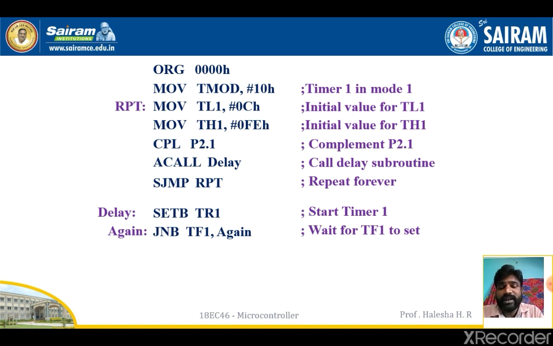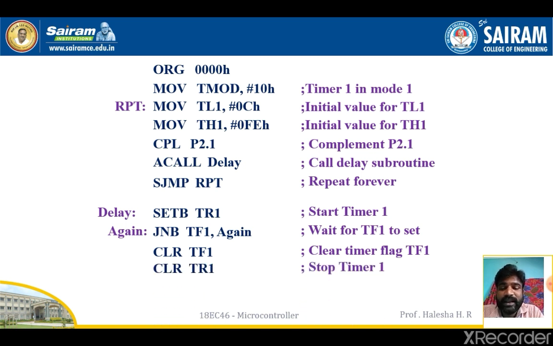Whenever it is set to 1, it executes the next instruction. The next step is to stop the timer. First clear the timer flag and then stop the timer with CLR TR1. These can be interchanged, no need to worry about it.